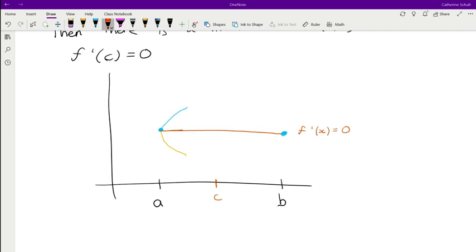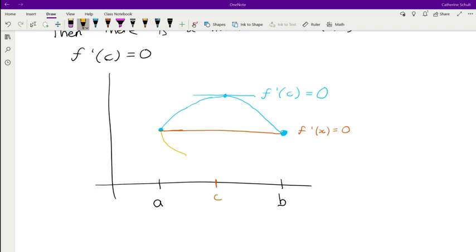So we fulfilled Rolle's criteria. Let's say we increase our function initially. Well, if we have to end up back at the same point we started, what goes up must come down. And wherever we change that direction, say at c, that tangent line is going to be horizontal. So f prime of c is going to be 0.